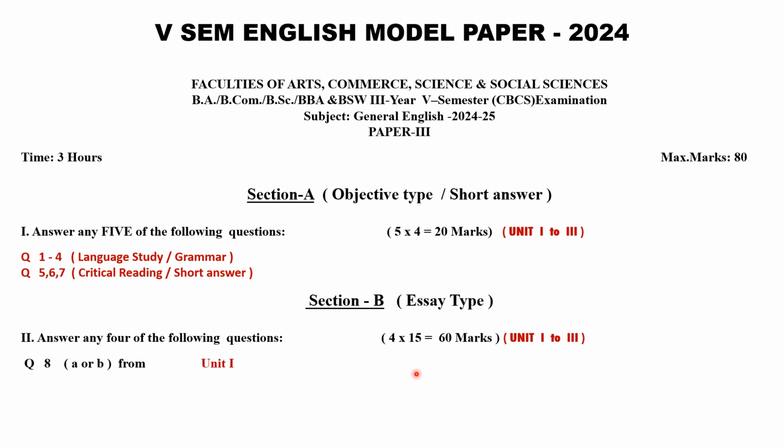So question 8, you will have 2 questions A or B, and you will have choices that will be given from unit 1, and then you have question 9 A or B from unit 2, and then question 10 you have A or B from unit 3.